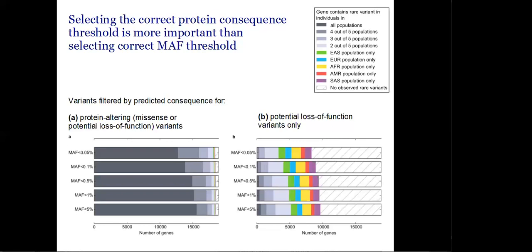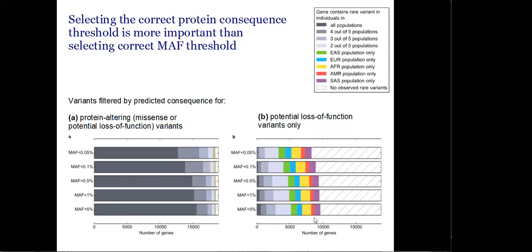So what you can see in these charts is that for the 20,000 genes, most genes contain data, and individuals will carry variation in all populations, or 4 out of 5 populations. But a small fraction of genes don't even contain missense variation.